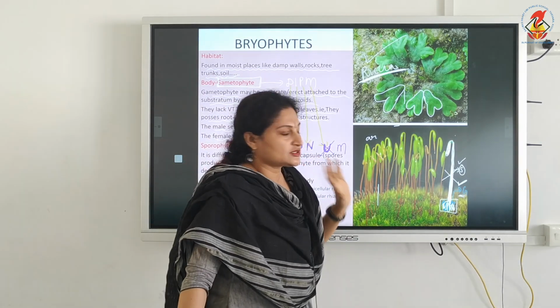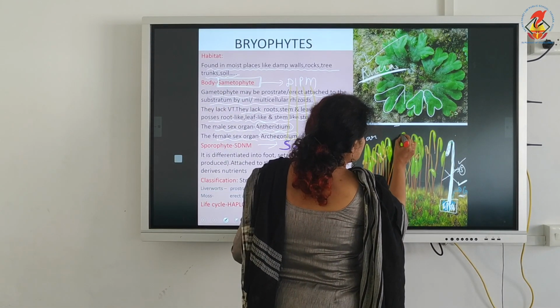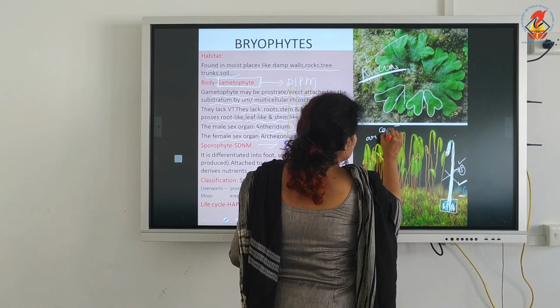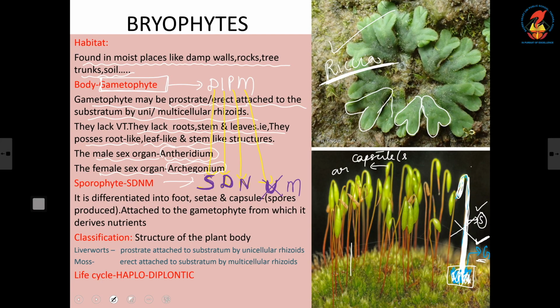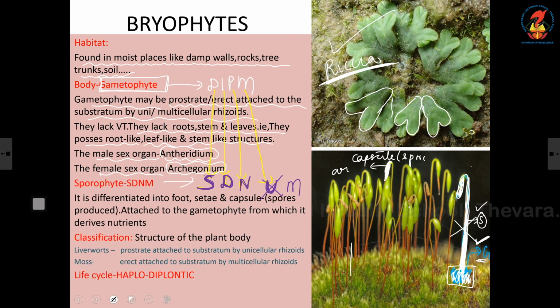Now talking about the sporophyte, it has three parts. Telling from the top, the top part is the capsule, which produces the spores. So this is the capsule, like a projected bulb. Then the capsule leads to the seta, the stalk-like structure, which I am going to indicate in yellow, a long stalk.